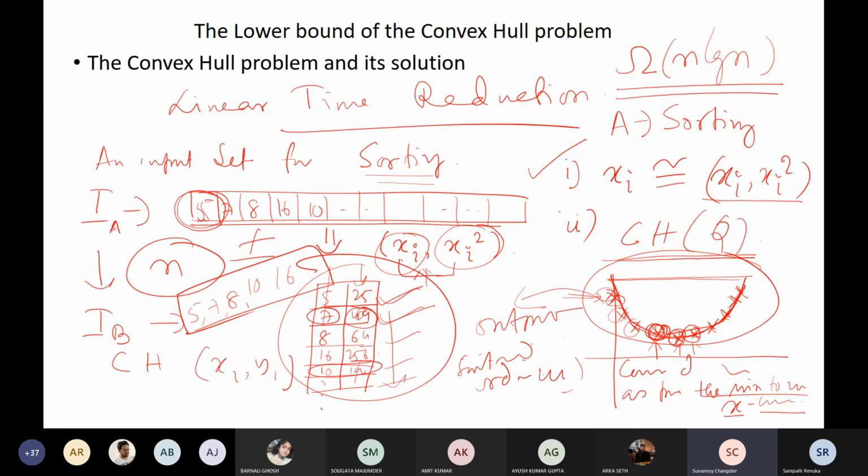So what we did, we first converted the input list to its corresponding input for the convex hull problem. We solved the convex hull problem by using Graham scan or Jarvis merge. Then we listed out all the points by their minimum x coordinate. This one will come first, then next, and so on. So obviously all the points will be in sorted order, which is the output of any sorting problem.